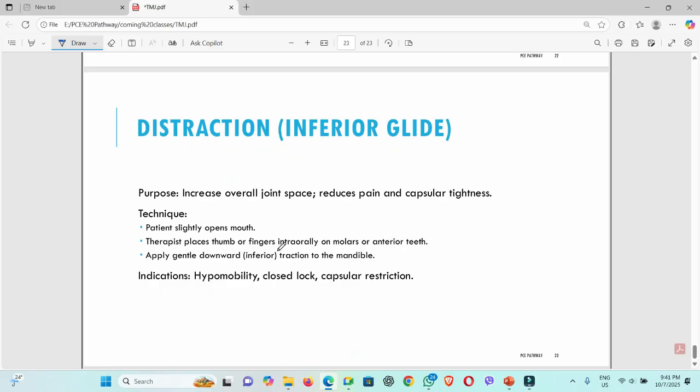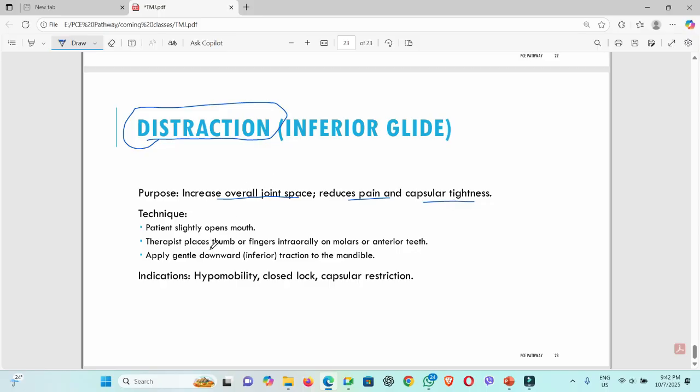There is distraction or inferior glide. Now, why would we give it? To increase overall joint space, reduce pain, and address capsular tightness. That's why we use distraction while mobilizing any joint, to increase joint space. It reduces pain, and it helps with capsular tightness as well.